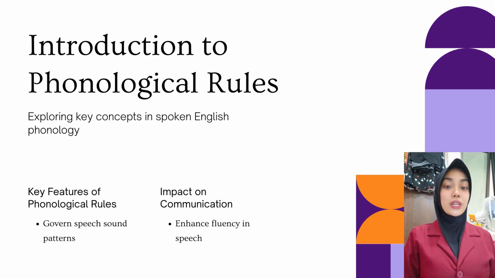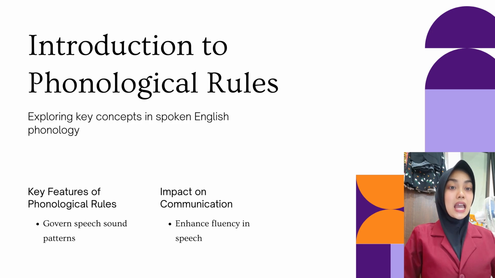So before we continue the explanation, here I want to explain about phonological function. Shortening serves three phonological functions. The first one is maintaining rhythm and stress pattern in English.